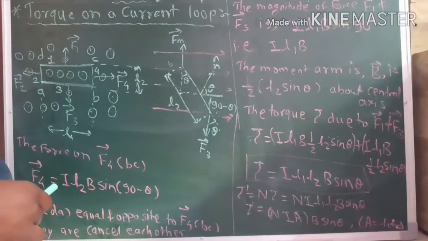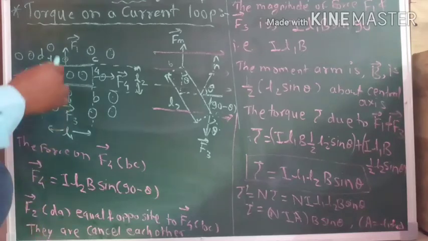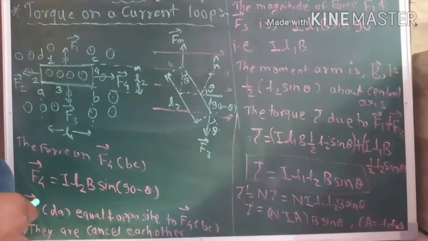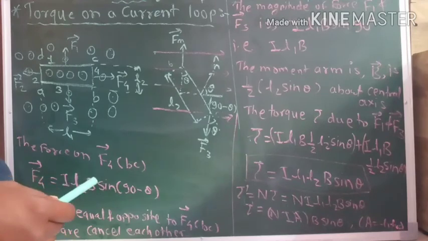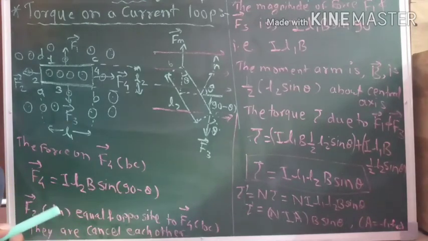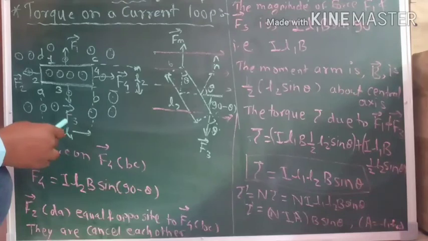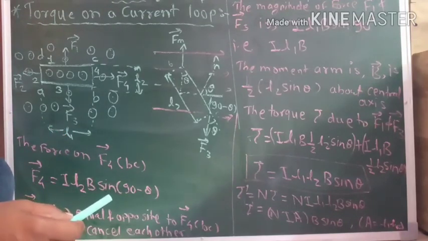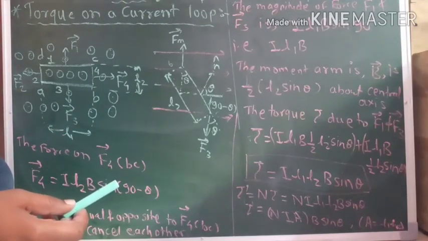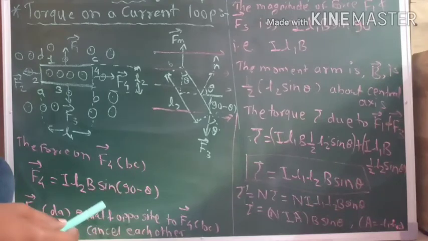Therefore, they are equal but opposite to each other, and so we produce torque. That is, torque is produced in that coil or current loop. Torque means two equal but opposite forces. F1 and F3 are equal and opposite, but they do not act on the same line. They produce the net torque.